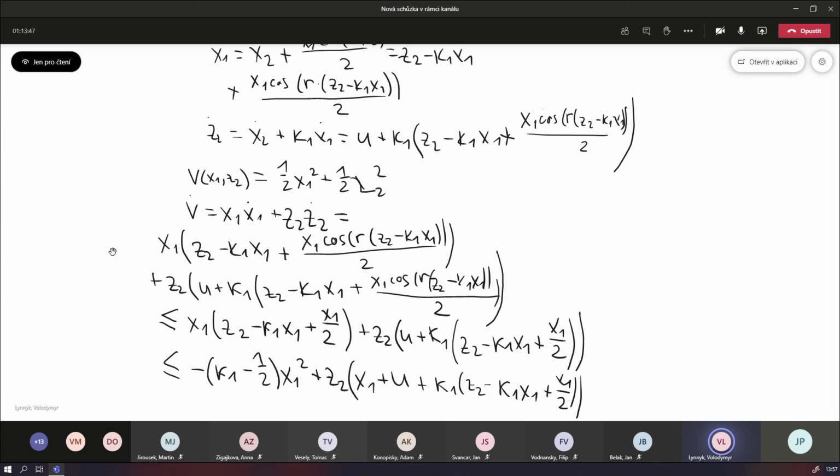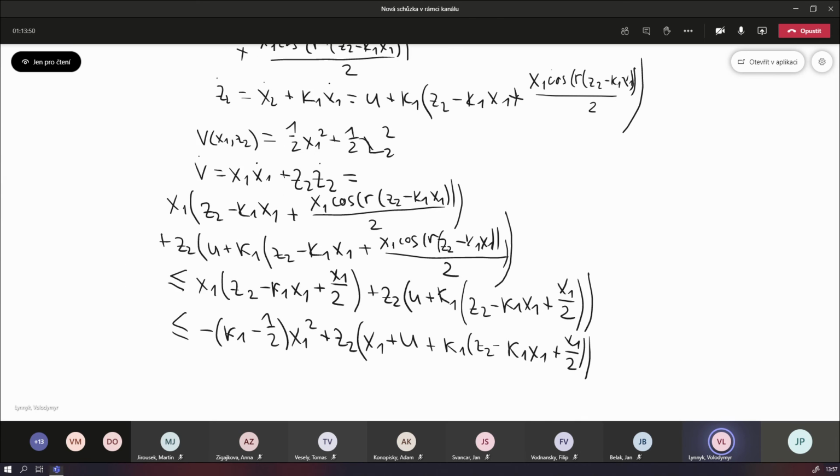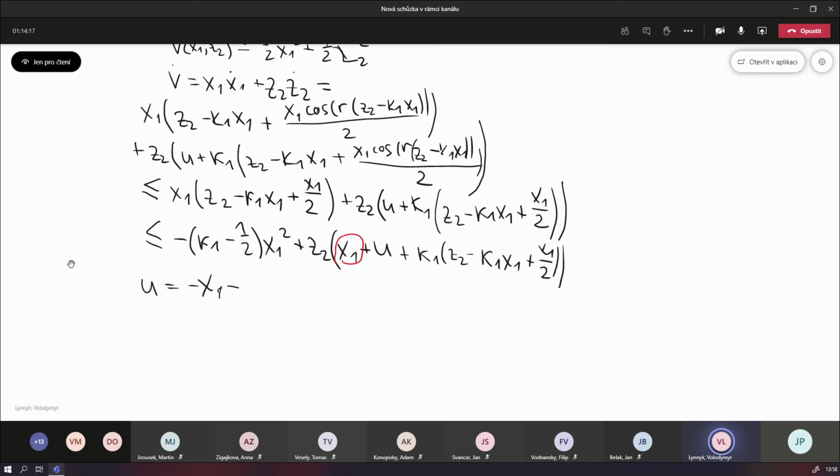Say that control u is equal to minus x1, because we need to cancel this bad term x1, minus x1 and minus k2 z2.